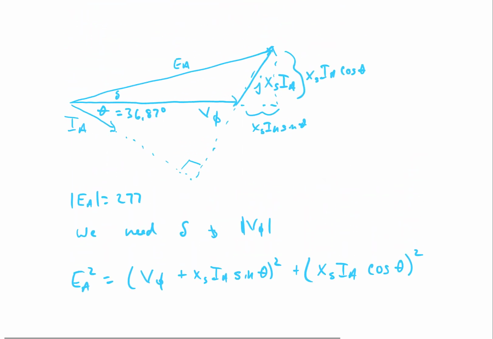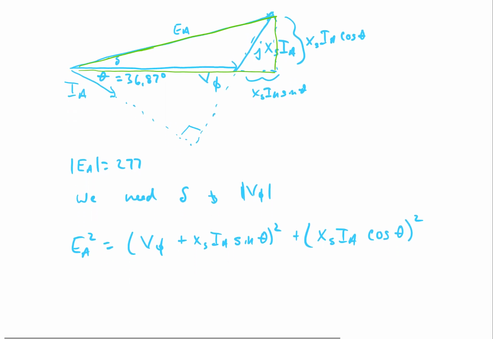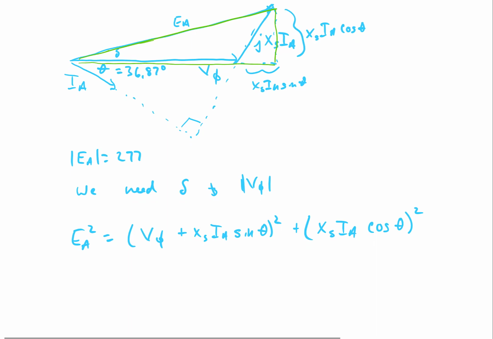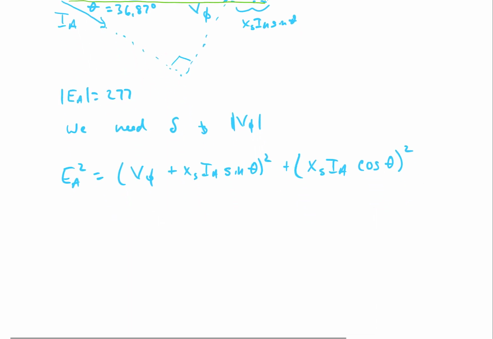So all I'm doing is taking this right triangle and we're doing A squared plus B squared equals C squared. Okay.